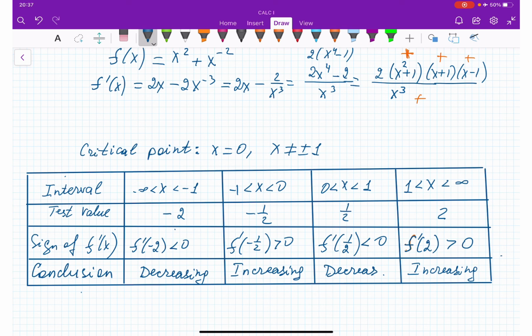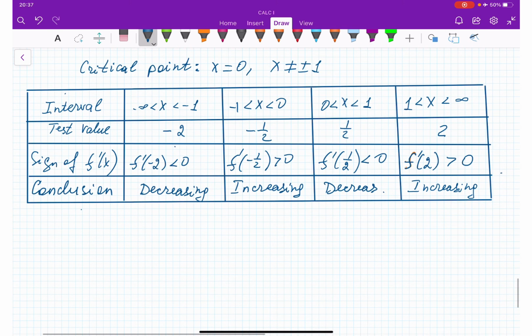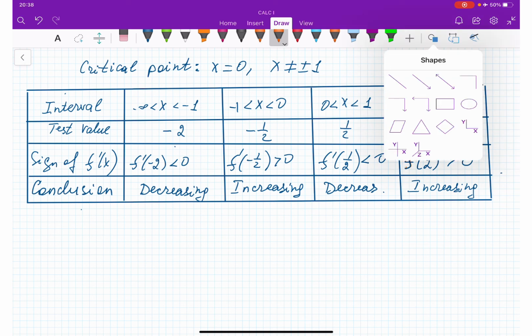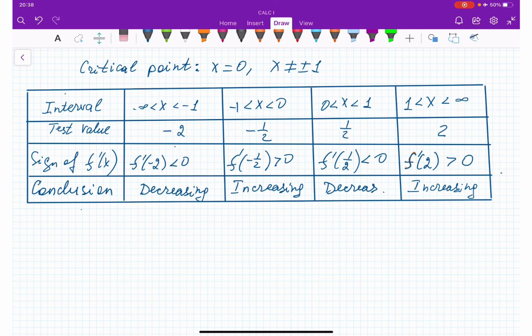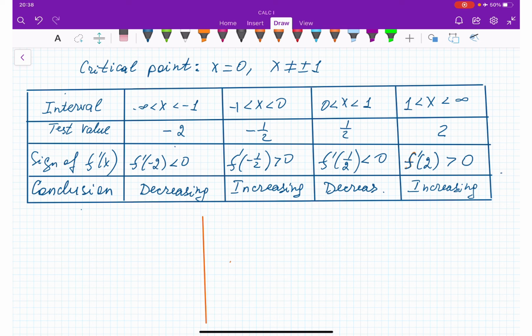Okay, if you are interested to see the graph, let me draw it. I forgot to prepare, but I can draw it right now. It is going to be the following way. This and this.